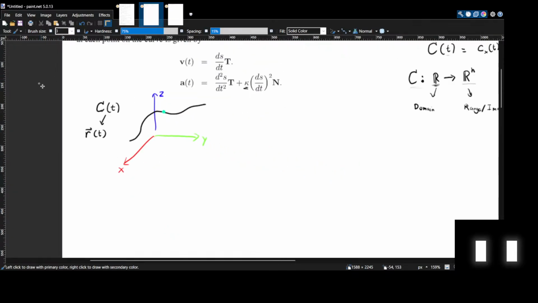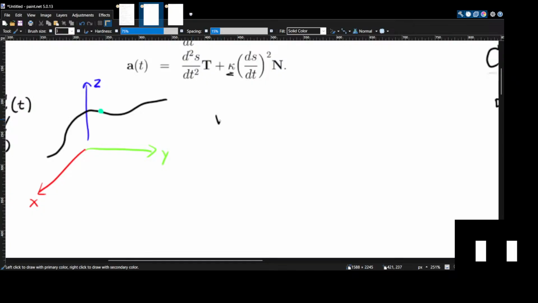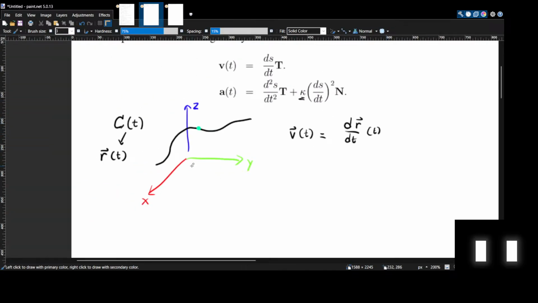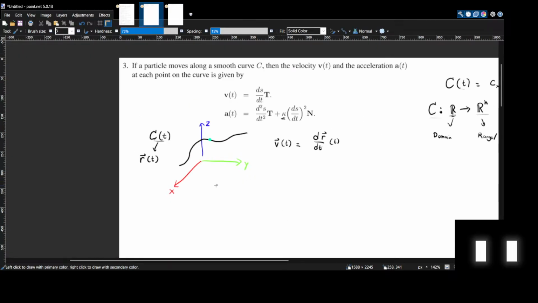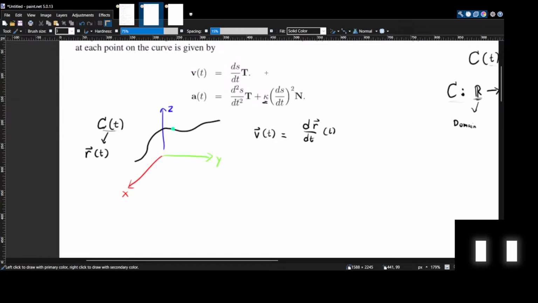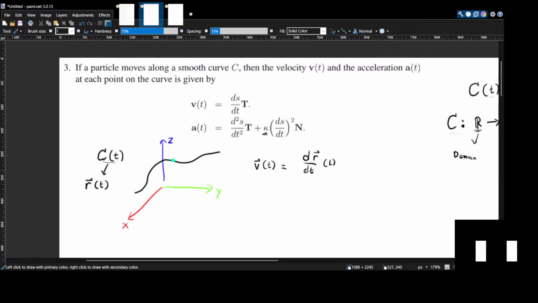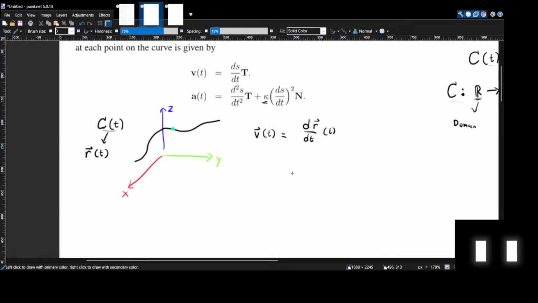Which means the velocity vector as a function of time is going to be equal to the rate of change of the position vector, which is the curve function itself. That's literally by definition what the velocity is. The velocity vector is the change in position over a small amount of time. So this is what the velocity is.